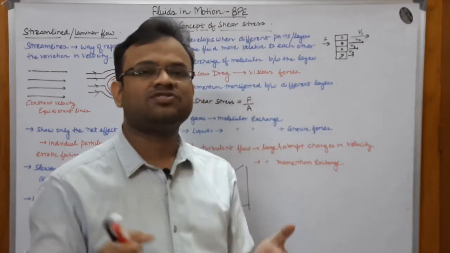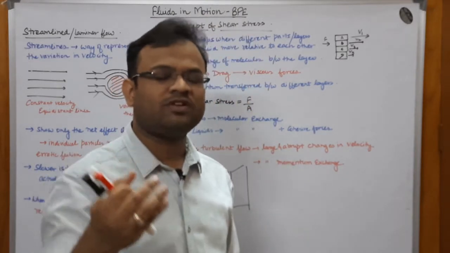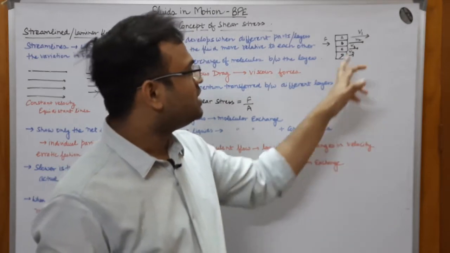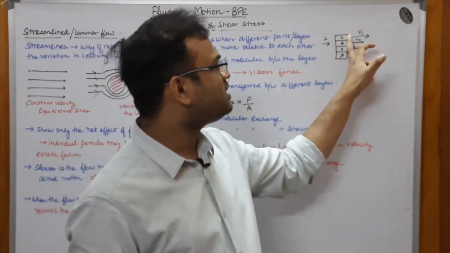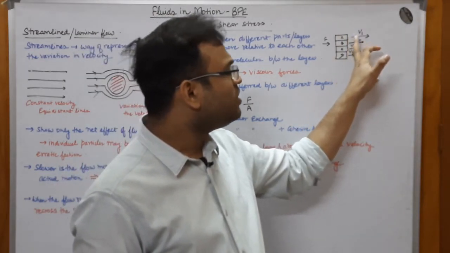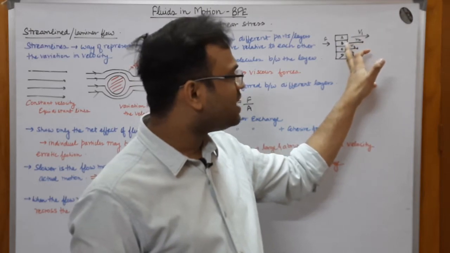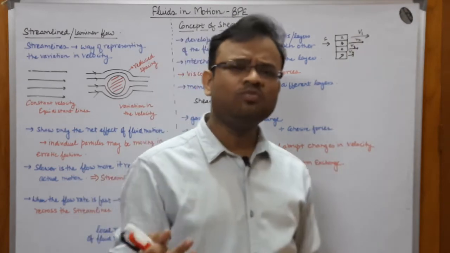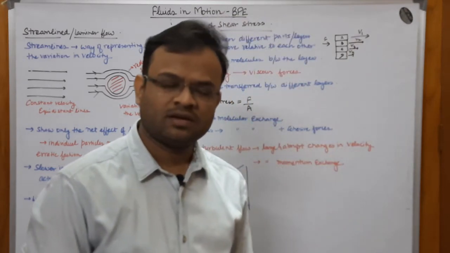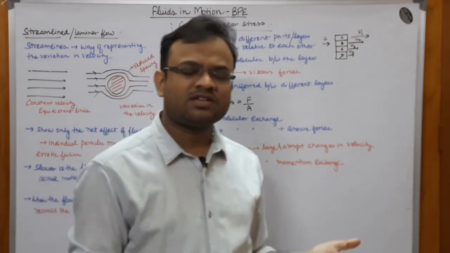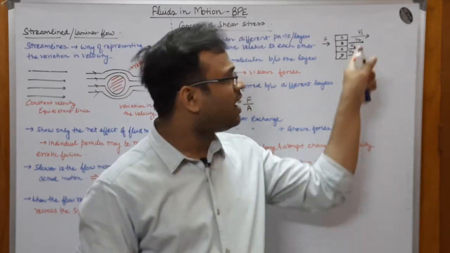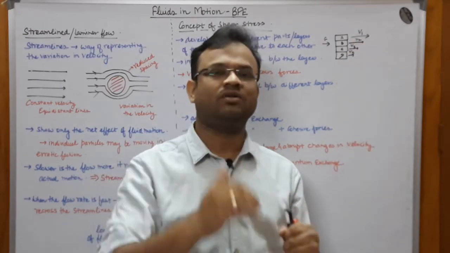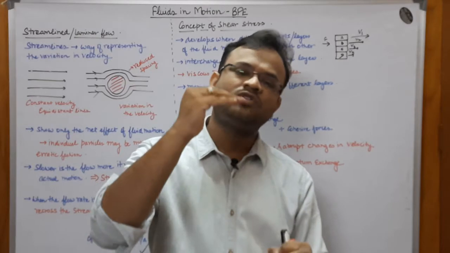There would be an exchange of molecules, or particles, between them. That means the higher velocity particles from layer A would come towards layer B, and lower velocity particles of layer B would move towards layer A. And the result would be that the higher velocity would be lowered down and the lower velocity would be increased.